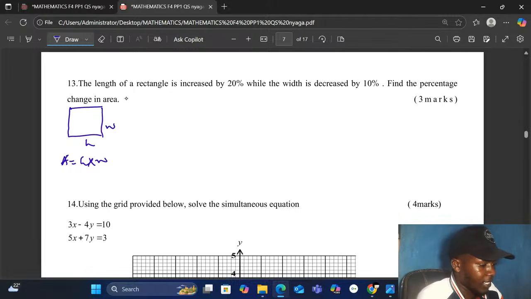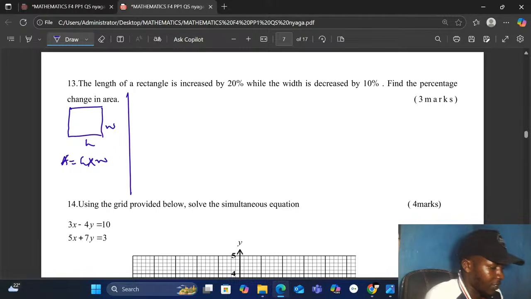We know that the area is length times width. L1 will be equal to 1.2. That is 120%. So we assume it's 1, so 1 plus 20% will be 1.2.